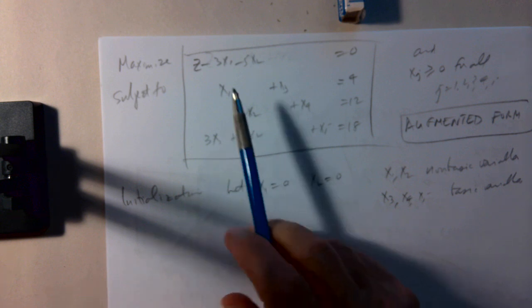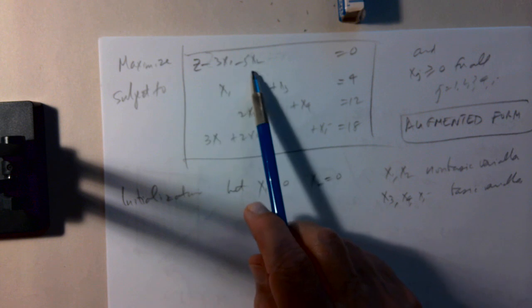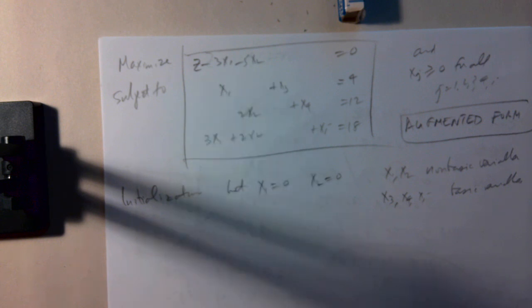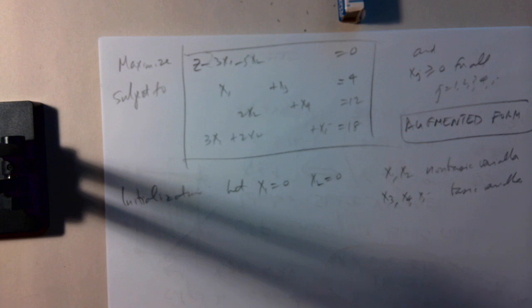If you look at the objective function, you see if you were to increase either x1 or x2, z would get larger. So this is not the optimal solution. This is not the best possible solution for the linear programming problem.